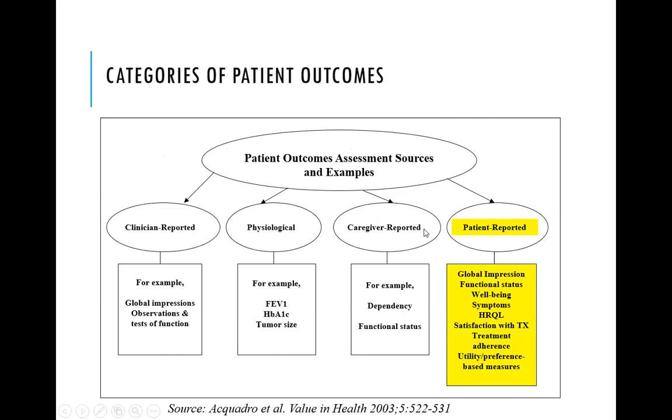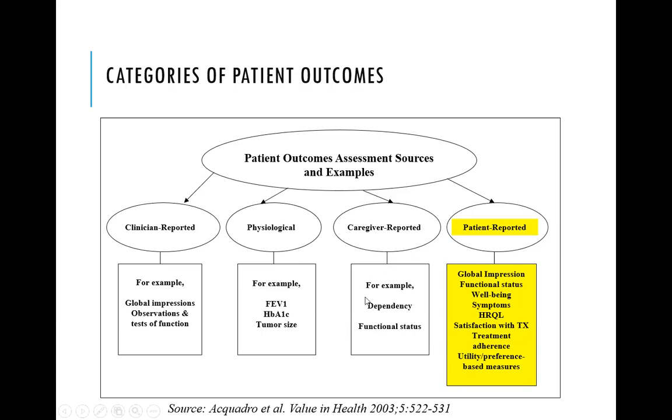Patient outcomes could be divided into 4 categories: clinician reported, physiological changes, caregiver reported, or patient reported. For clinician reported outcome assessment, he would look into the global impression, his observations, and tests of various functions. For physiological outcomes, we go for various parameters, such as, as a hypothetical example, forced expiratory volume 1, glycosylated hemoglobin, and tumor size.